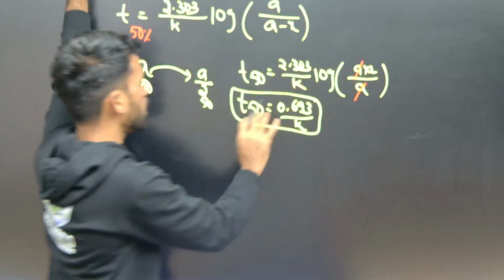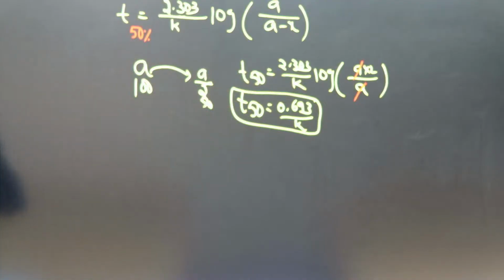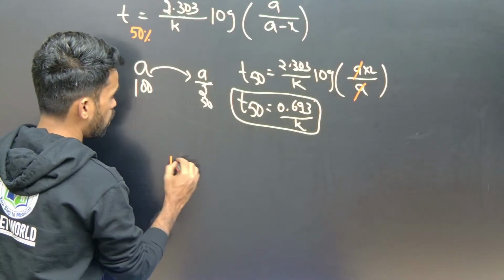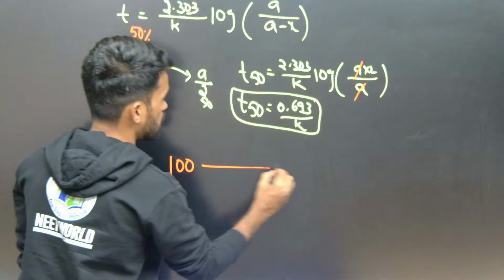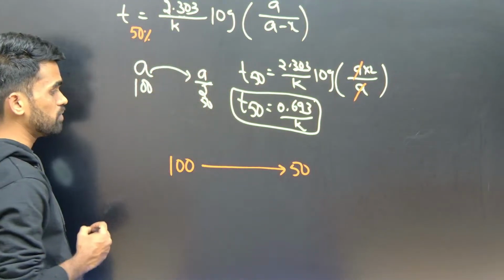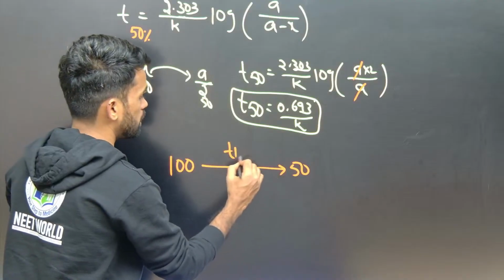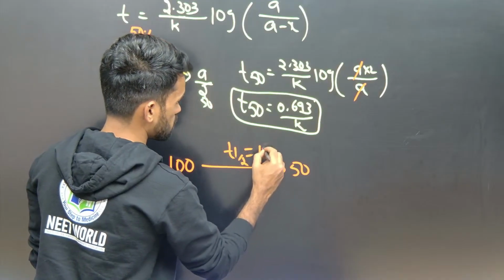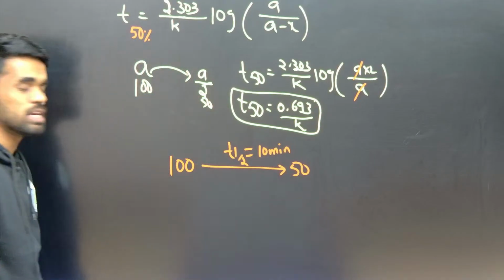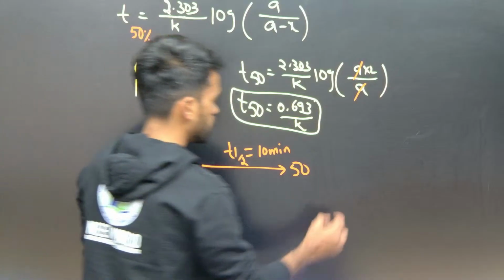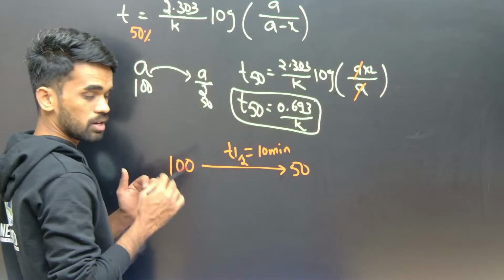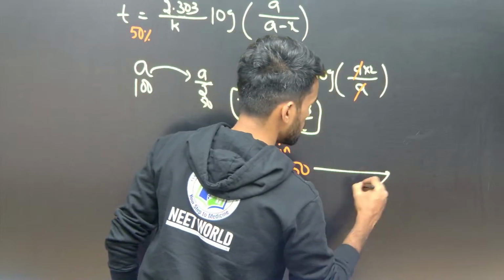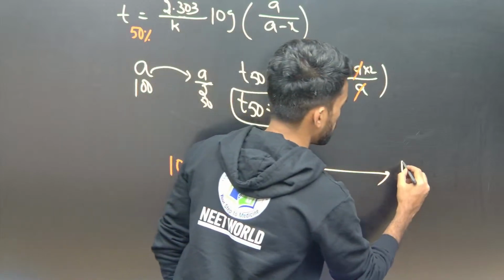I have solved some questions related to this t half also, so let me show you one question. See, initially I have 100% concentration. Now it is converting into 50%. How many t halves is that? It is 1 t half. For this 1 t half, the time required is 10 minutes. Now tell me how many minutes are required for the reaction to reach 75% completion.